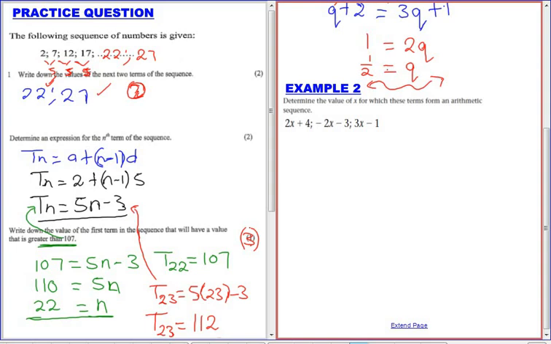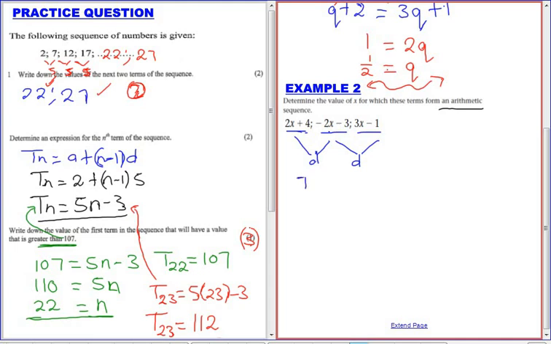We have 3 terms, this term, that term, and this term. So I know that if I calculate the difference there, the difference should exactly be the same because we were told it's arithmetic. Remember, arithmetic and linear use the same number pattern. So we're going to go ahead and substitute.